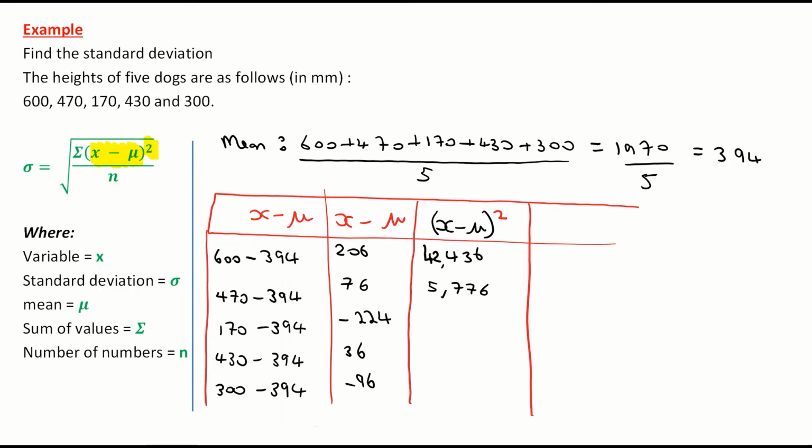Minus 224 squared, so minus by minus gives me a positive. Just make sure that goes in a bracket if you're using a Casio calculator at home. So it's 50,176. 36 squared is 1,296, and minus 96 by minus 96 giving me a positive 9,216. Okay, so that's the squared part.